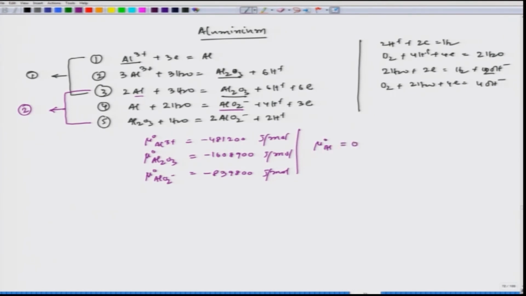Once we have the data, mu0 of H2O, mu0 of H+ as well as mu0 of OH-, you can find out from previous lectures.